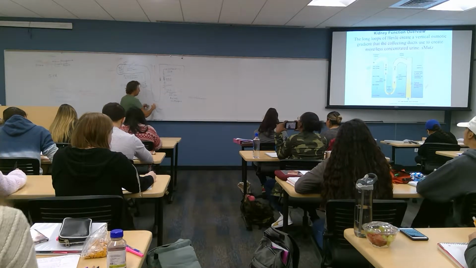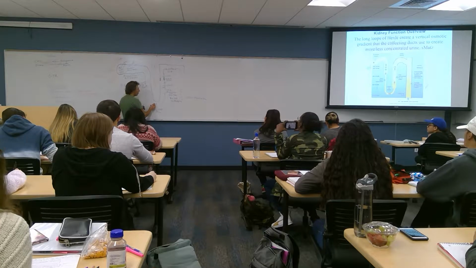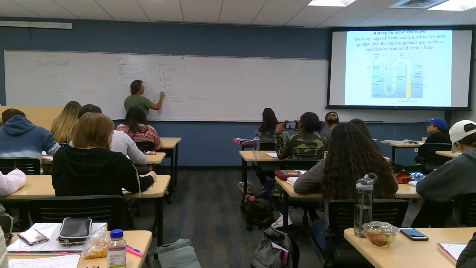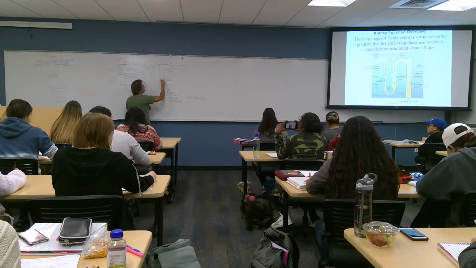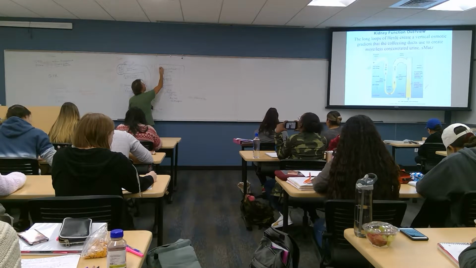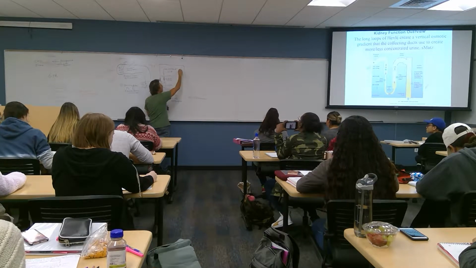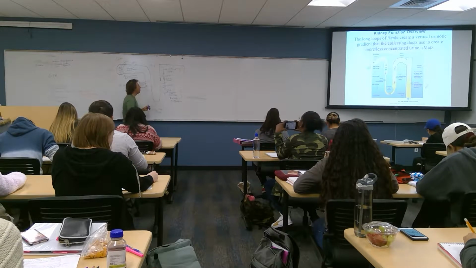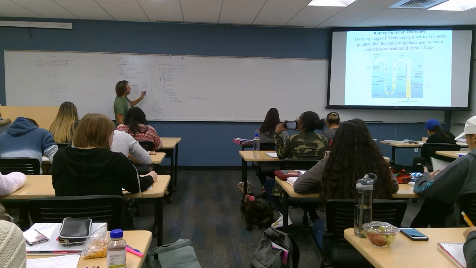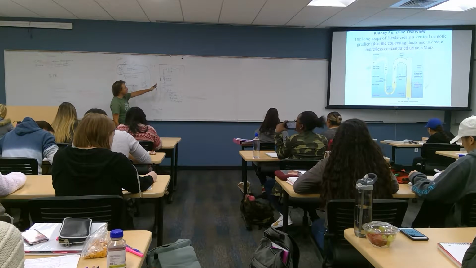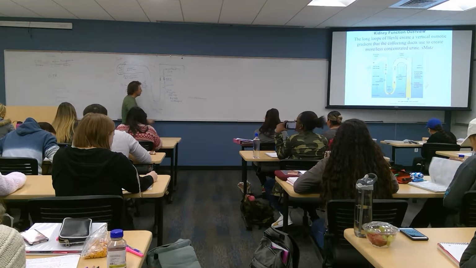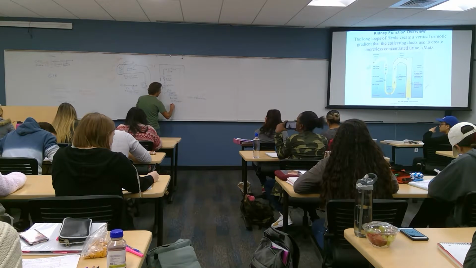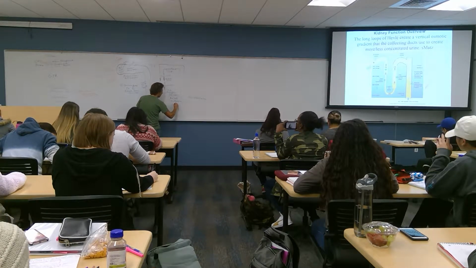I've put it in red: if you're pumping out salt and water is staying in, the filtrate becomes more dilute. At the end of the distal tubule, at the top of the collecting duct, it's a very dilute filtrate, all the way down to 50. So with no aquaporins, the filtrate dilutes.